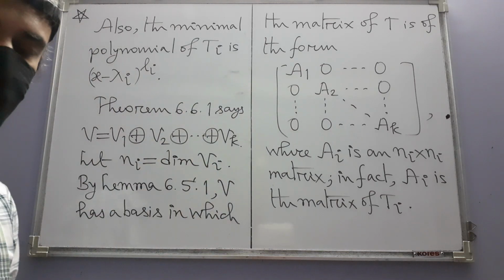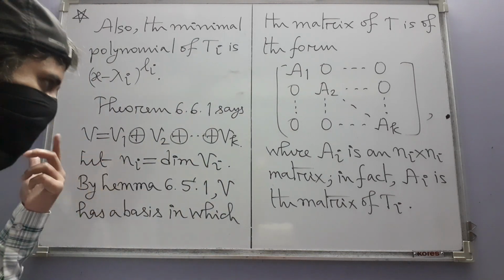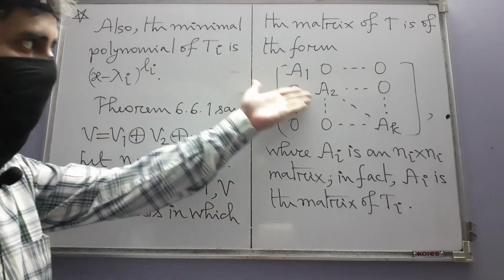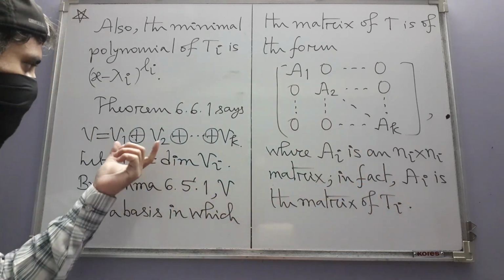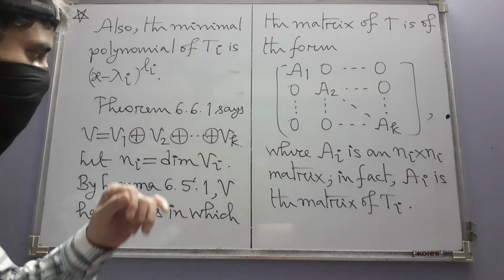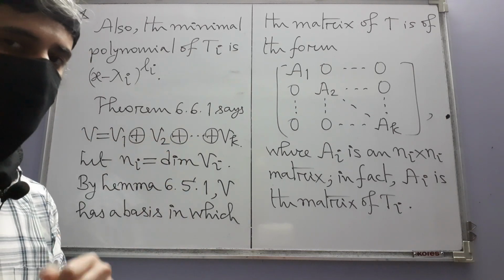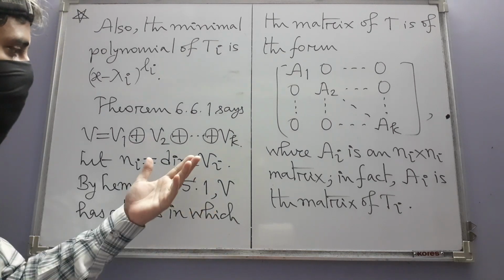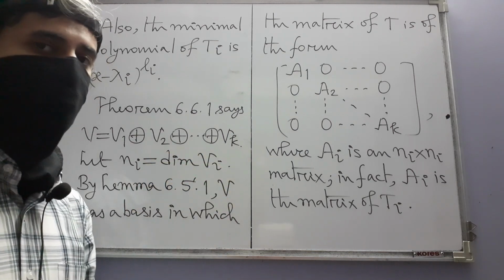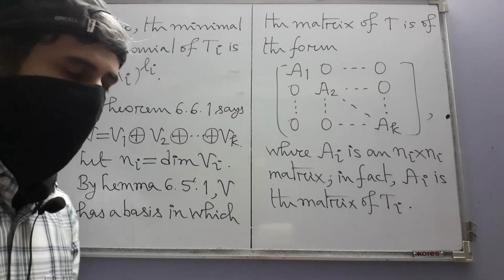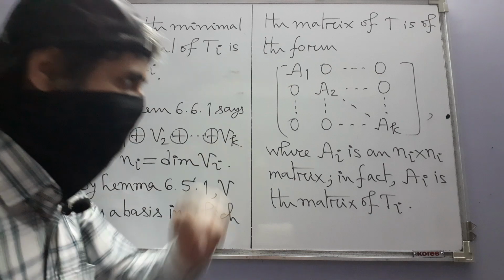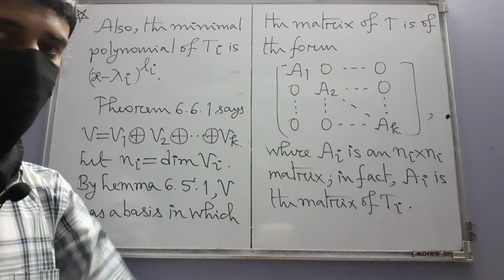In which basis? If you take the basis of V in which the matrix of T has this form, and cut out that part of the basis which corresponds to Vi, you know what I am trying to say, then that portion will itself be a basis of what? Vi. And in that basis, the matrix of Ti will be that Ai, which lies here somewhere.